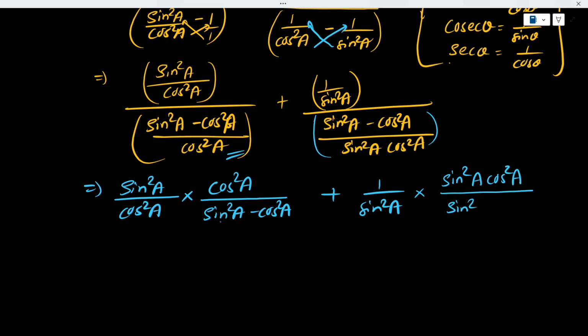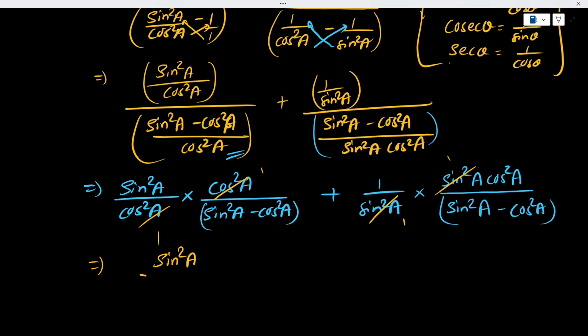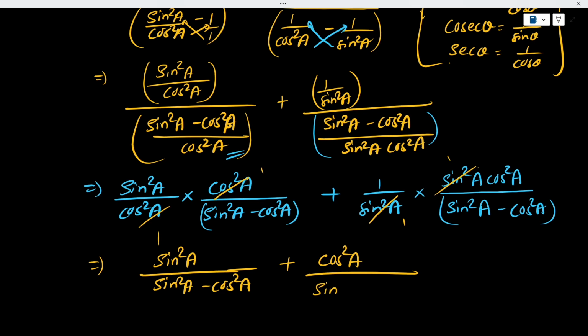This sine square A minus cos square A can be written in bracket, because it's a binomial term. There are two terms, right? Now if you see here, these common values are going to get cancelled. One time this cos square A will get cancelled. So we are left with sine square A by sine square A minus cos square A, then plus cos square A by sine square A minus cos square A.